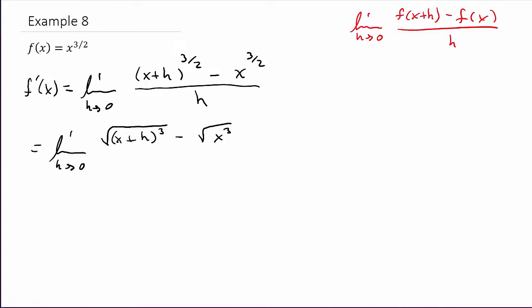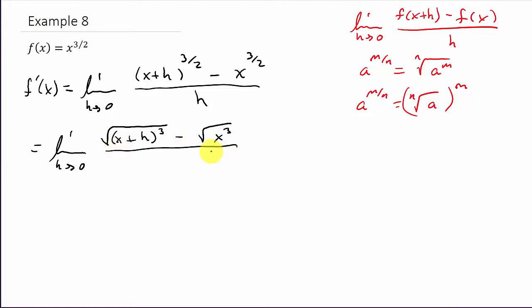Remember that property: a to the m over n is equal to the nth root of a to the m, or you could write a to the m over n as the nth root of a, all that to the m. I chose to put the exponent underneath. Alright, and then this is all over h.